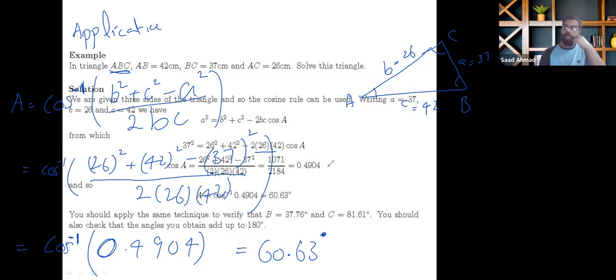Similarly, we need to find B and C too, right? So angle B will be equal to cos inverse of (A squared plus C squared minus B squared) over 2AC.